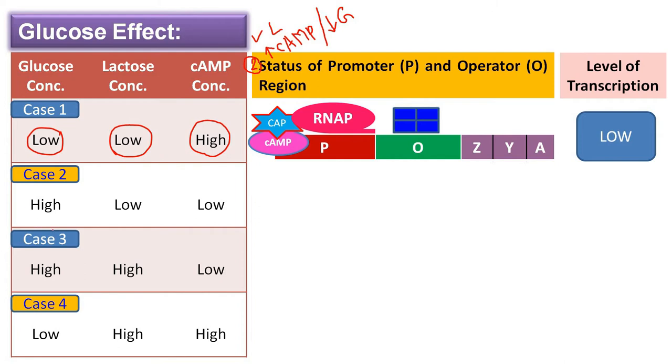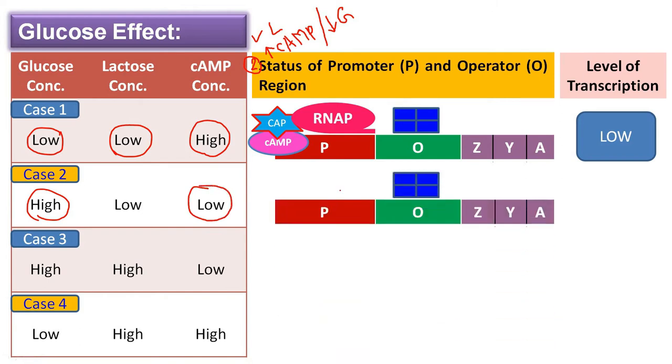Now in the second case, you can see the level of glucose is high, whereas the level of cyclic AMP is low. So in absence of cyclic AMP, the RNA polymerase cannot bind to promoter site efficiently, and second, the level of lactose is also low here.